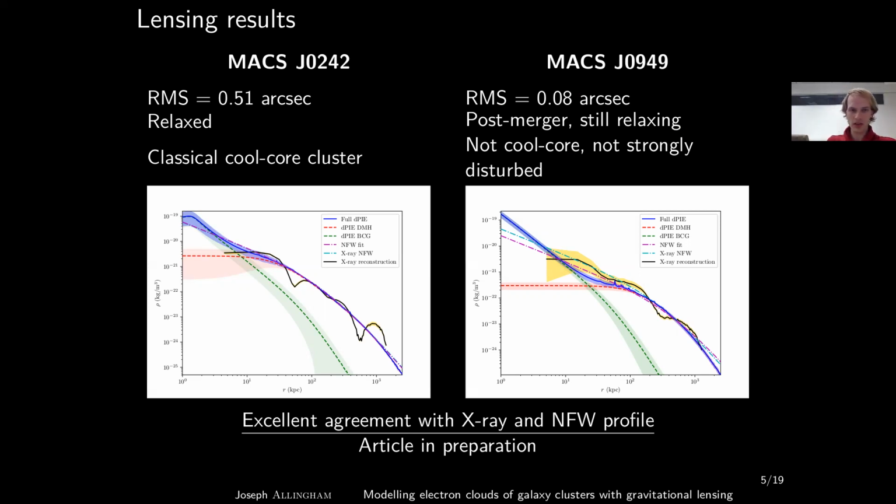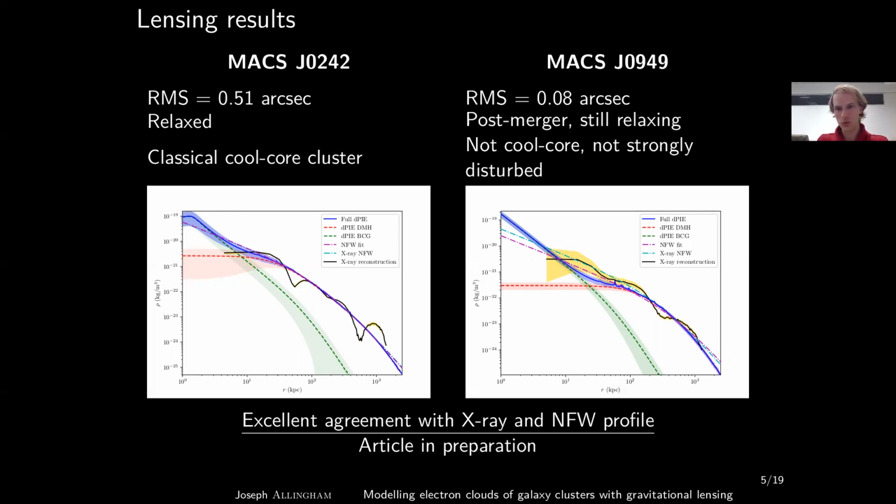And comparing these to the X-ray data, we find quite a good agreement. These are coming from XMM-Newton, and they were fit by an NFW in cyan, while our dPIE potential was fit by another NFW in purple. If you can't distinguish the two on the left plot, it's just because they are completely identical.